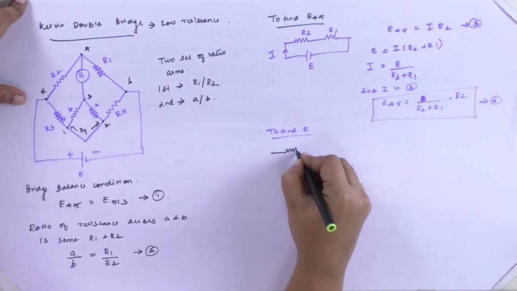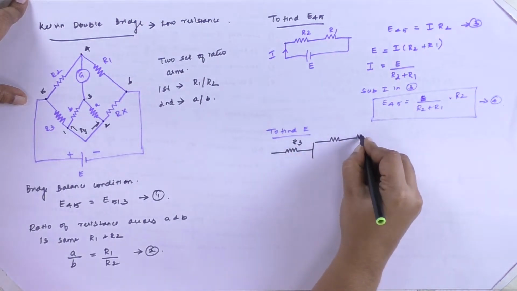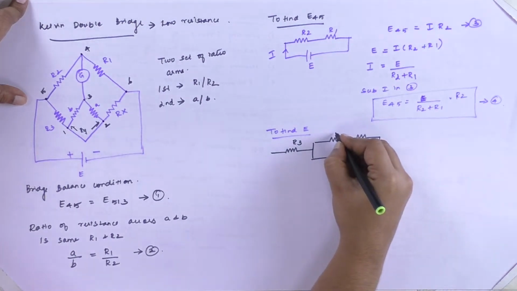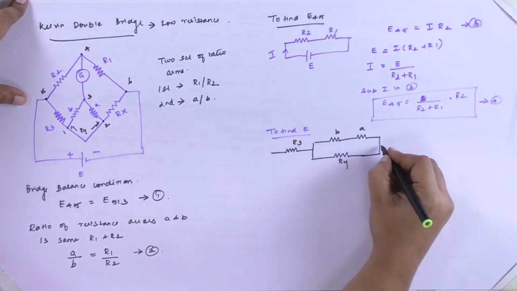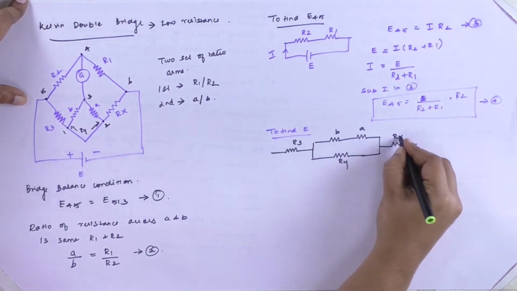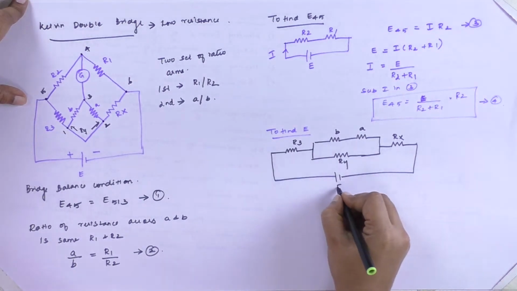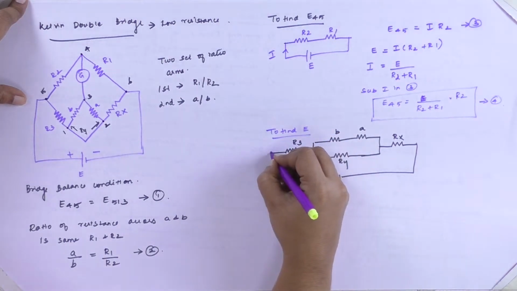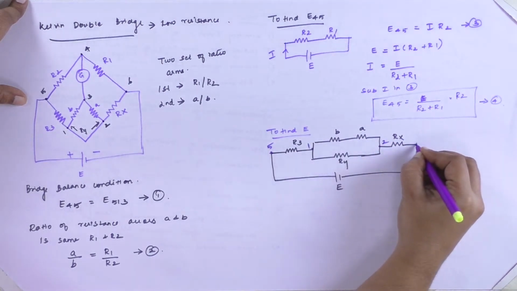To find the value of E, I am going to consider the resistance R3, the resistance B A, the contact resistance here which is Ry, and Rx, which is connected across the voltage source E. Now, R3, 5, this node is 1, 2, this node is 6.